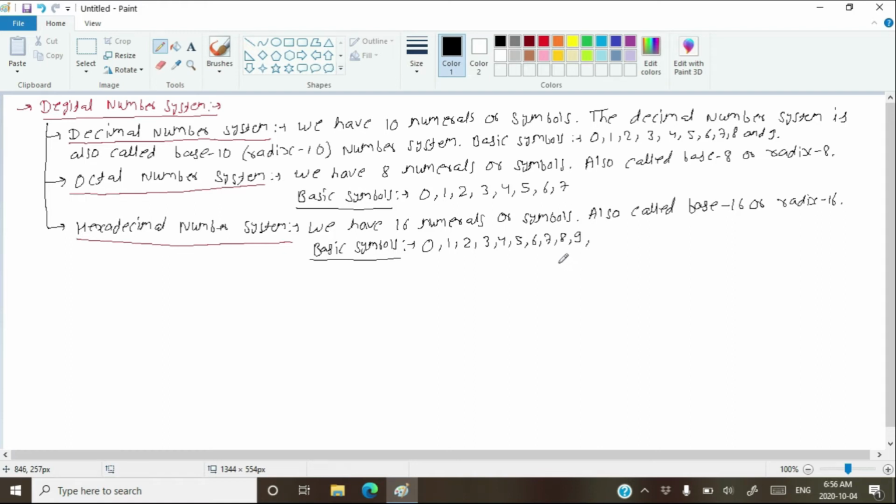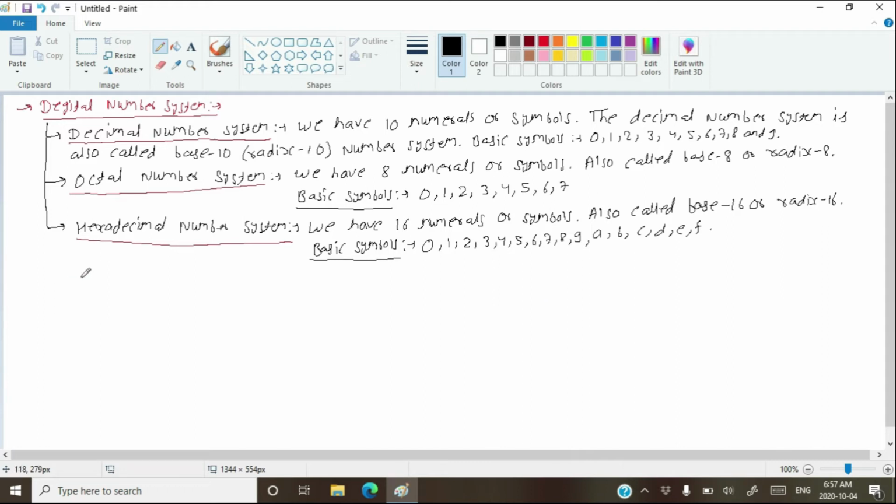So we need 6 extra symbols. For that we use A, B, C, D, E, F. Sometimes you can represent these using capital A, capital B, capital C, or sometimes using a small b, small c. That does not matter. Now the question is how you count in the hexadecimal number system.